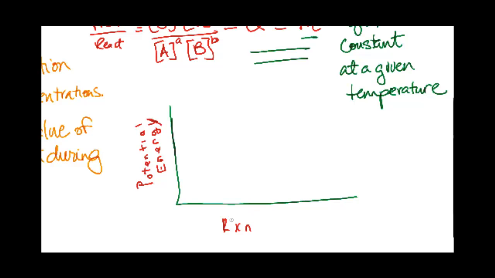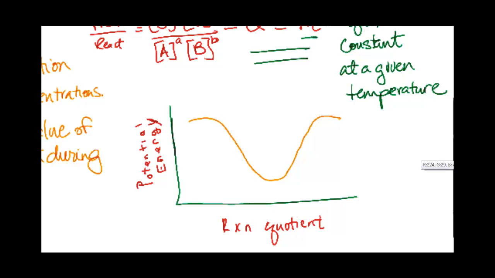So as Q reaches equilibrium, there's a minimum in the potential energy, a desired minimum.